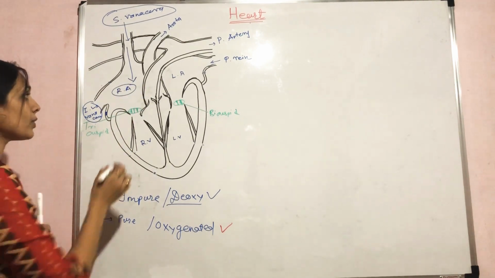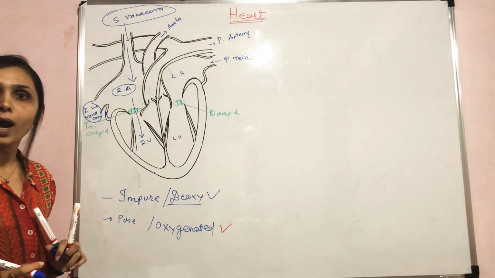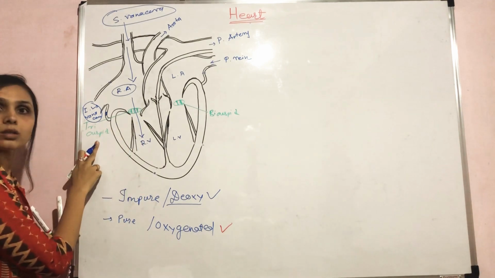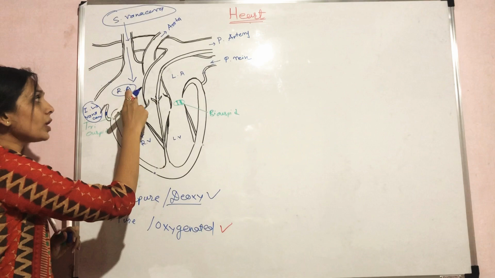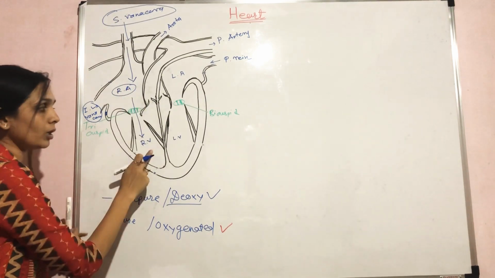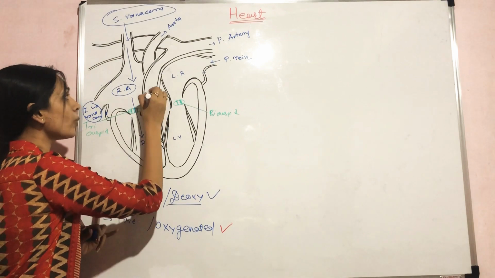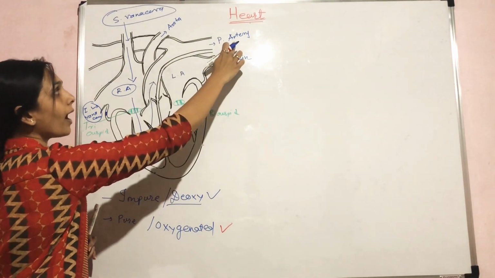From this right atrium, the blood is transported to the right ventricle through what is known as the tricuspid valve. Then from here, this blood will be transported this way. This is known as the pulmonary artery.